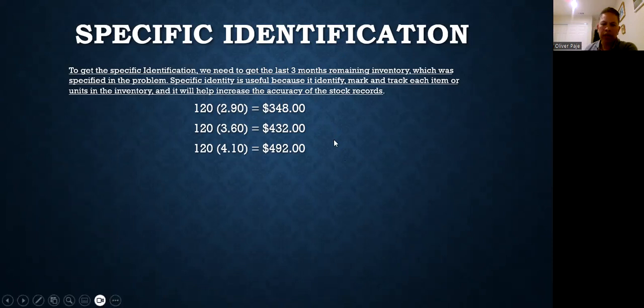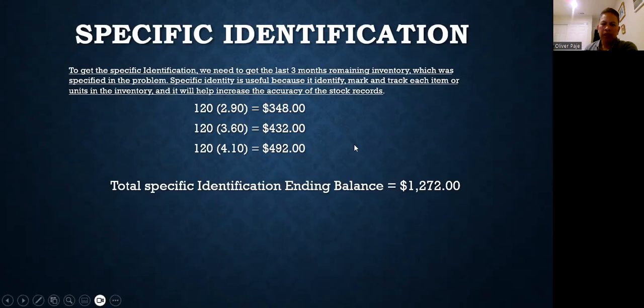To get the total specific identification ending balance, you multiply those by 2.9 per unit, then 3.6 per unit, and 4.10 per unit. So I have the total of 1,272. That's the ending inventory.